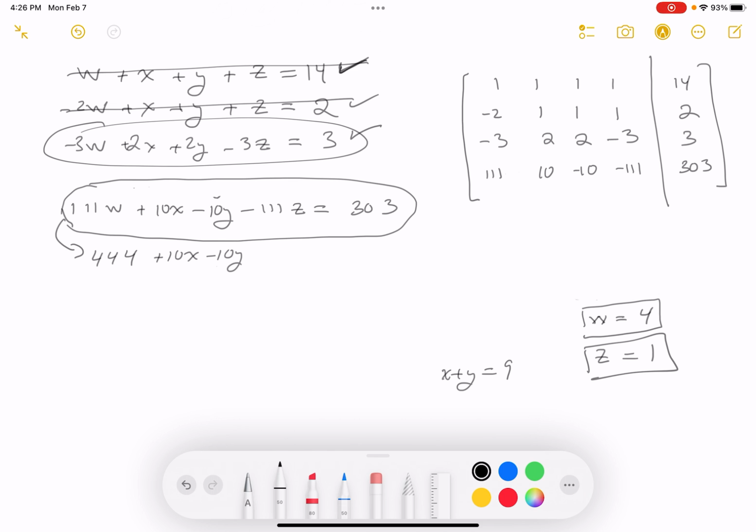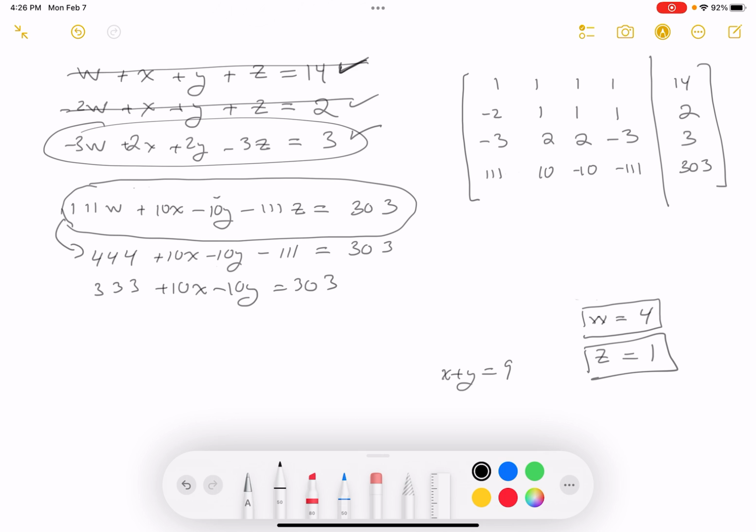Don't be alarmed yet. And then what do you get? Well, let's take a look. You're going to get minus 111z. Well, that's pretty easy. 111 equals 303. Again, I'm expecting things to work nicely. So 444 minus 111 is 333 plus 10x minus 10y equals 303.